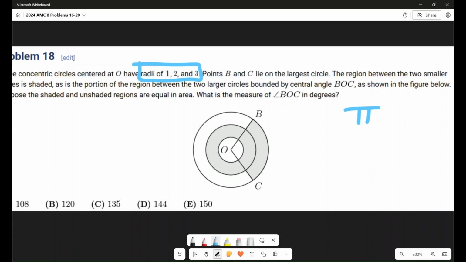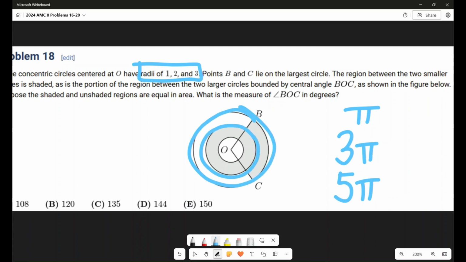The larger circle has an area of 4 pi because it has a radius of 2. But let's look at the rings instead of the circles. So the medium ring has an area of 3 pi, and the largest ring has an area of 9 pi minus 4 pi, which is 5 pi.